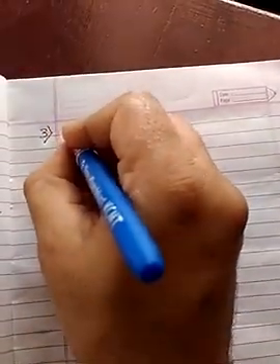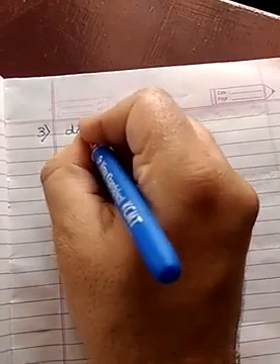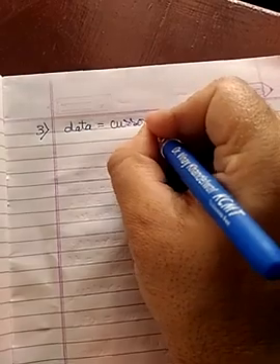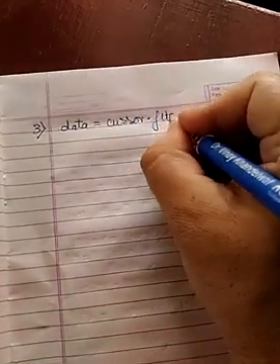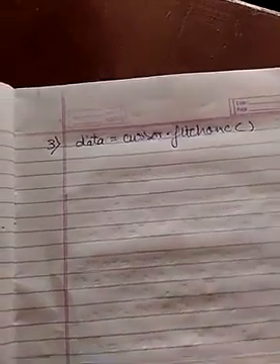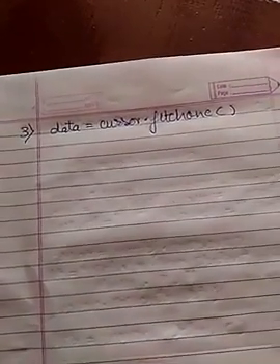Fetchone is used to fetch one record at a time. The record will be fetched in the form of a tuple. So we have written data equal to cursor dot fetchone. It will fetch the first record from the result set.